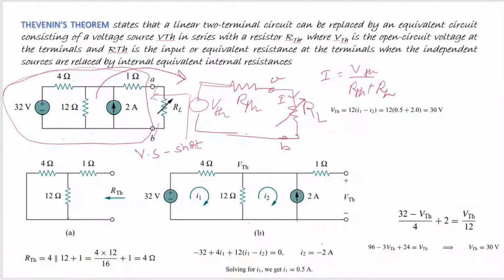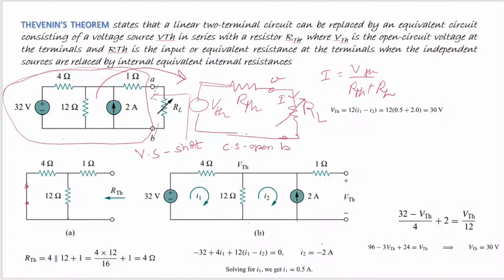Wherever you find a voltage source, you replace it with a short circuit, and wherever you find a current source, you replace it with an open circuit. So here, the 32 volts I have replaced with a short circuit, and this 2 amperes I have replaced with an open circuit.